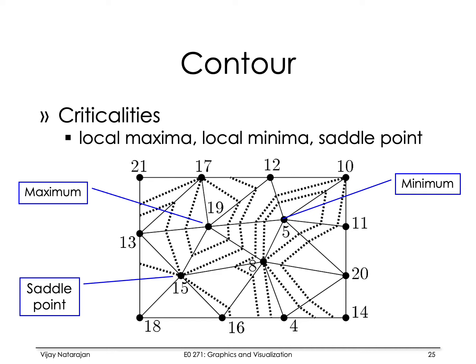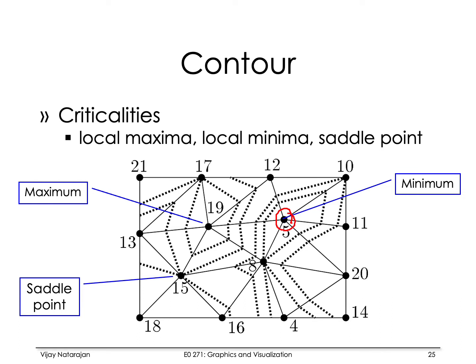The first step towards identifying or computing the seed cells is to locate and characterize the critical points. So we understand what a critical point is. These are the points where the gradient goes to 0. We have names for them. So for example, what we see here, 5 is a local minimum.